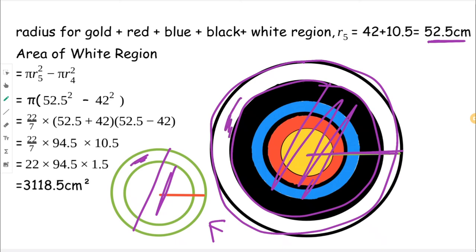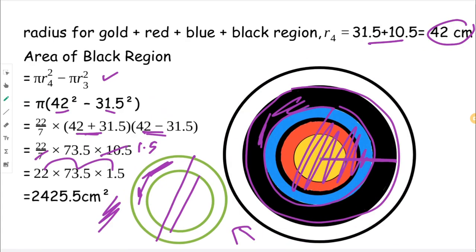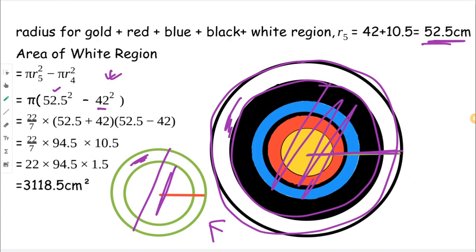So now radius 5 minus radius 4, right? Radius 5 is how much? We got 52.5, and radius 4 from the previous, how much? 42. Clear? So once again, a square minus b square, a plus b, a minus b. You add, you'll get 94.5, you subtract, you'll get 10.5, and 7 into 7, 7 5 are 35. Can't do much, multiply these three, and we'll get the area of the white region to be 3118.5 centimeter square.